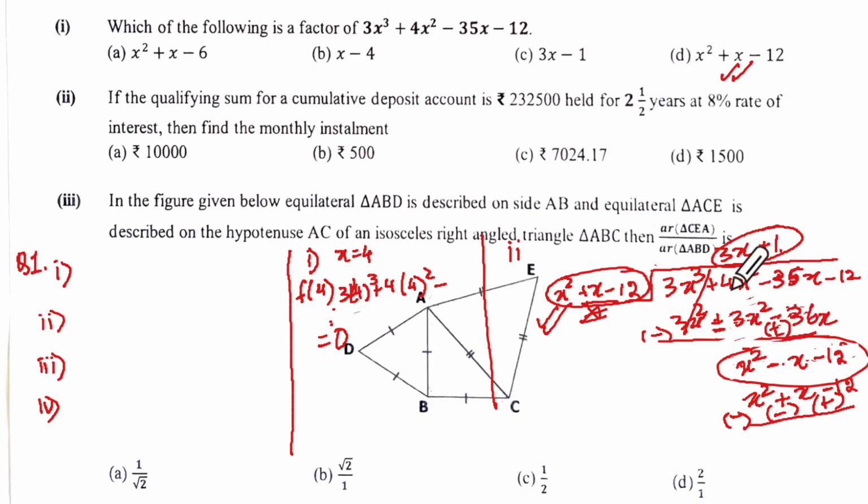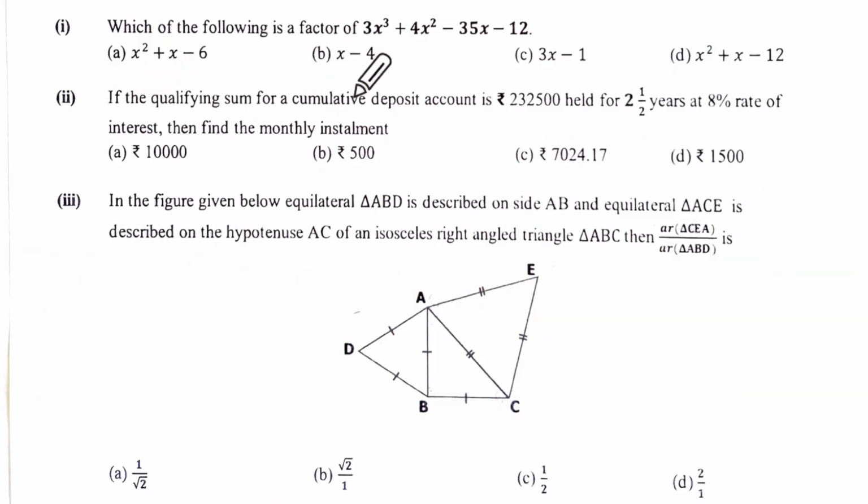This is plus x and minus 12. Yeah, yeah. So this is the option D. So D is x squared plus x minus 12.